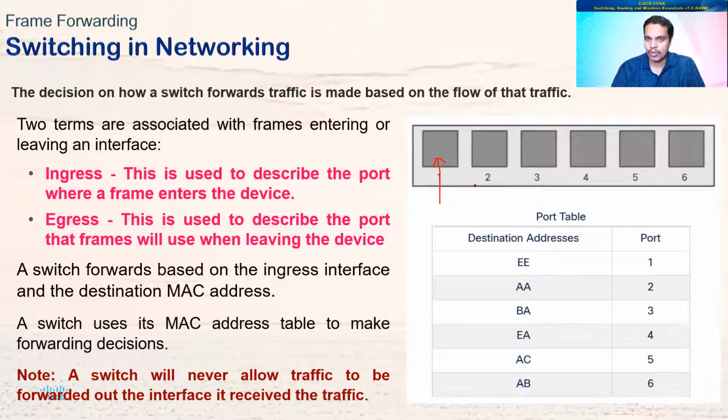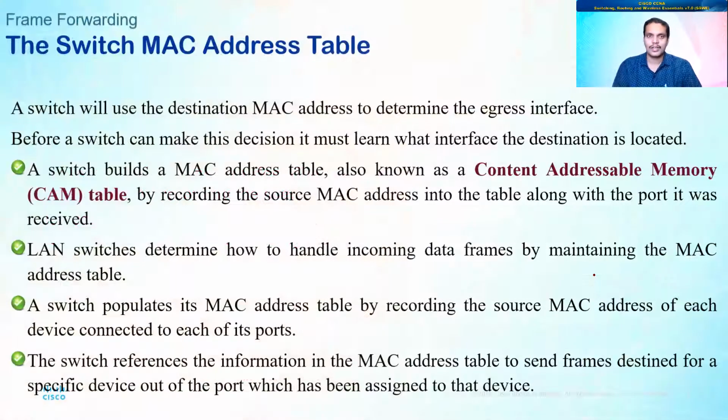And if the switch doesn't know which of these ports lead to the destination, it will send this particular frame on all the remaining ports, but not on the port through which this frame has been received. So all of them become the egress ports. Usually this cycle keeps on continuing until the switch populates its MAC table. We'll discuss that. So we call it the switch MAC table.